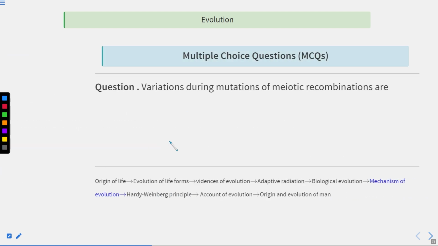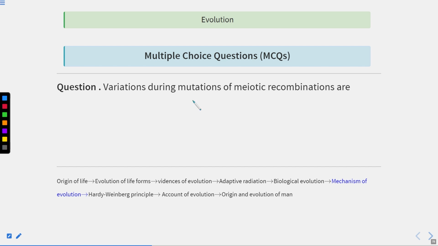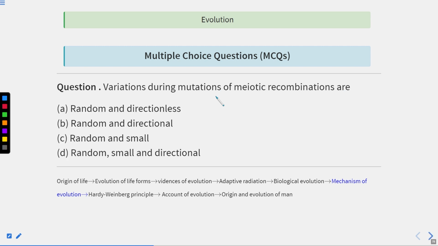Okay, clear? Now, the next question is: variations during mutation or meiotic recombination are. You know, during meiosis, recombination happens and there are a lot of variations also. These variations can be due to mutations. Mutations, you already know, are sudden, heritable and directionless. Options: A, random and directionless.